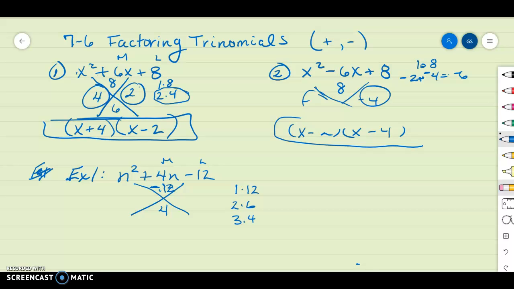Are there any two? Let's go through these. 1 times 12. Is there any way you're ever going to get to a 4? No. And 2 times 6. Well, 6 minus 2 is 4. So if we do 6 minus 2, that makes the 2 negative and the 6 positive. Negative 2 times 6 is negative 12, and 6 minus 2 is 4.